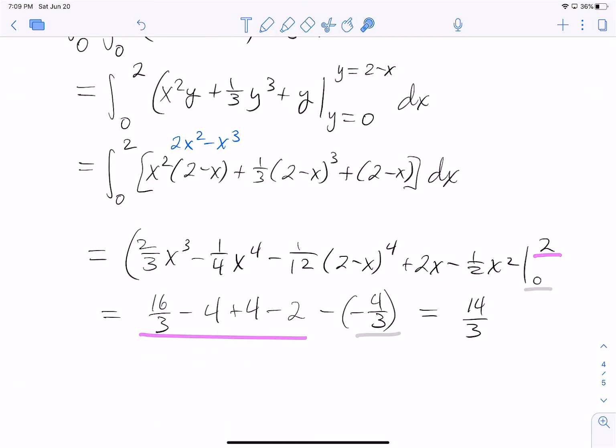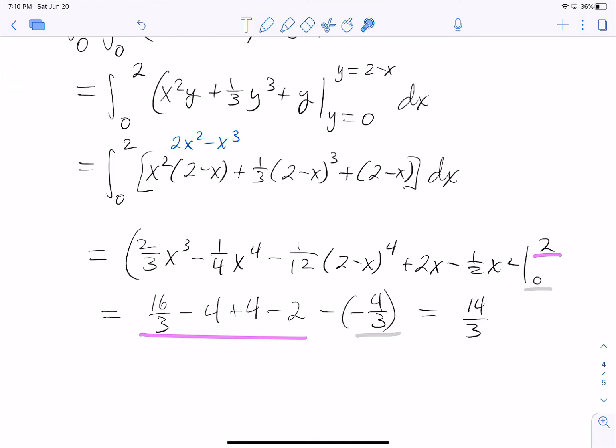And then here this term 1/3 times the quantity of 2 minus x cubed, I can just use the power rule on that, recognizing that I have a du of -1 because my u is 2 minus x. So that integrates to the term here, -1/12 times the quantity of 2 minus x to the 4th power. And then the last two terms, 2 minus x, integrate to 2x minus 1/2 x squared. This whole thing is evaluated from 0 to 2.